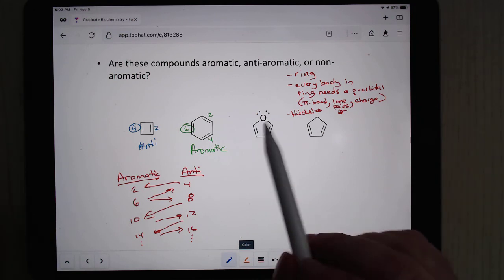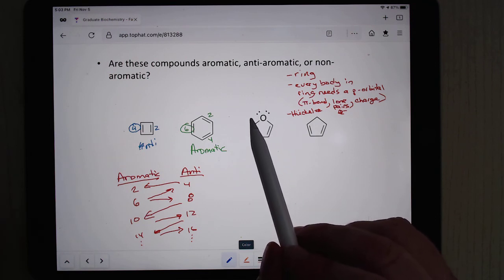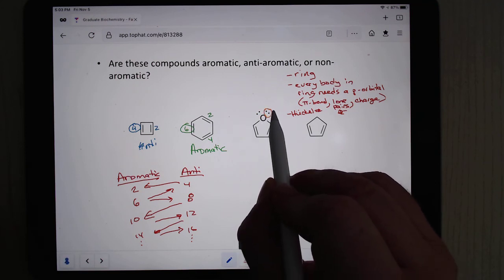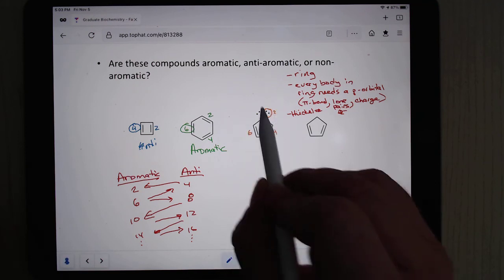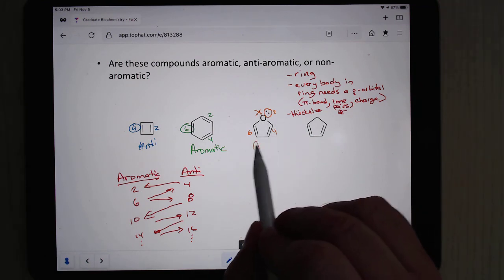But for this one, remember, if you have a heteroatom, you can hide it so that it becomes aromatic. And so what's going to happen is it's going to take one of these, so this would be 2, 4, 6, and then it's just going to hide the other one. So this is going to be aromatic.